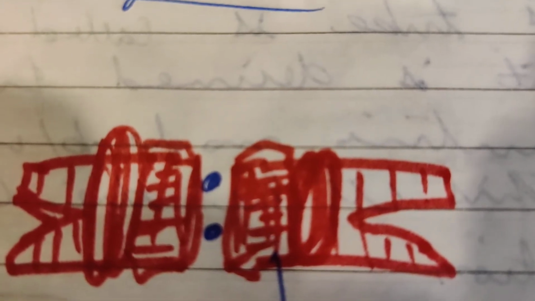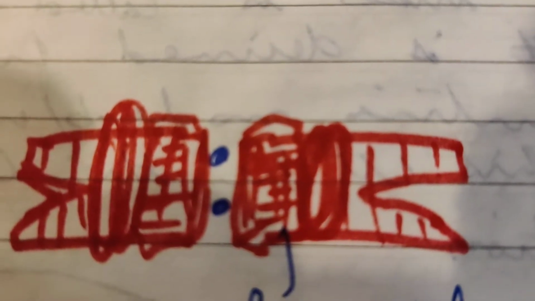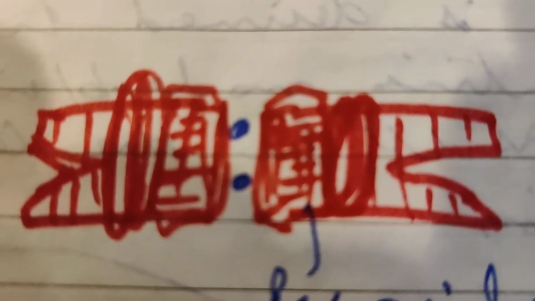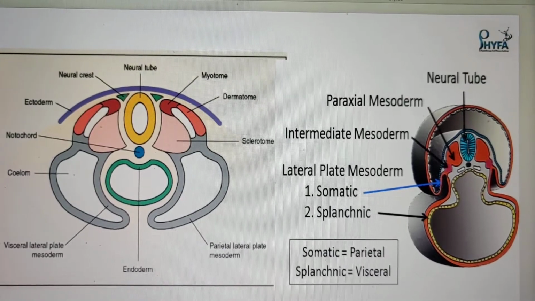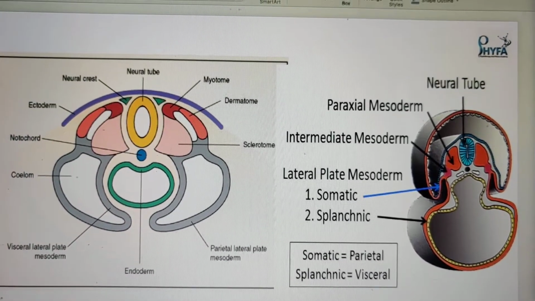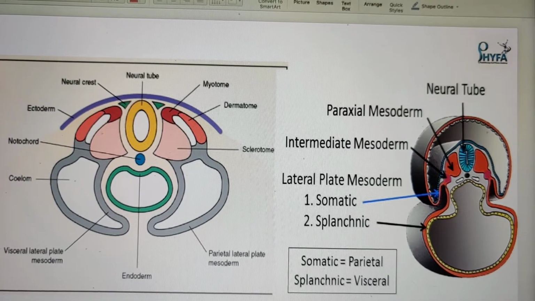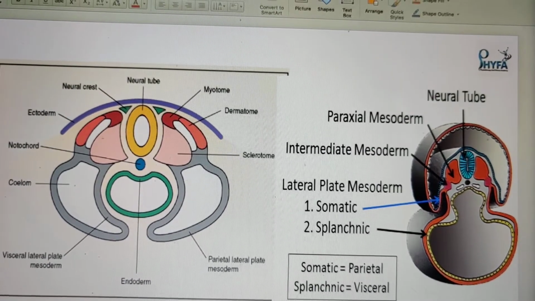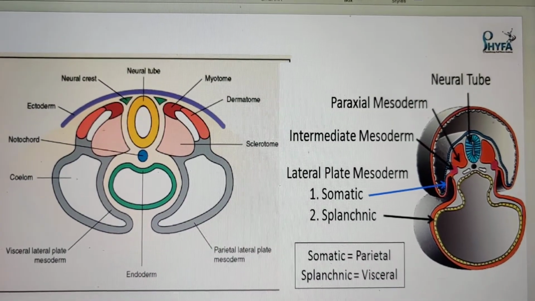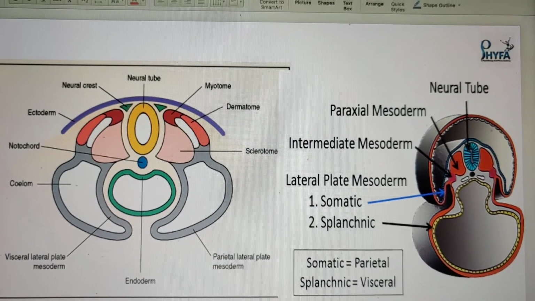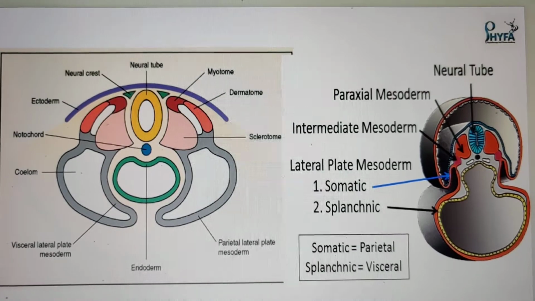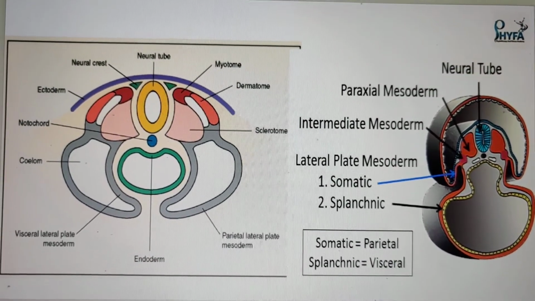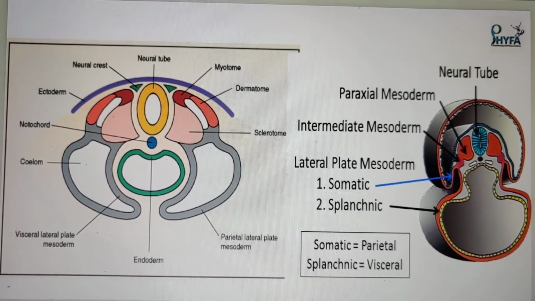As I said, laterally is the lateral plate. This lateral plate develops a cavity and divides into two layers. When it divides into two layers, the layer which is above joins the ectoderm, and below it joins the endoderm. Because above the mesoderm is ectoderm, naturally the upper layer will join the ectoderm, and below the mesoderm is endoderm, so the lower part of the lateral plate will join the endoderm.